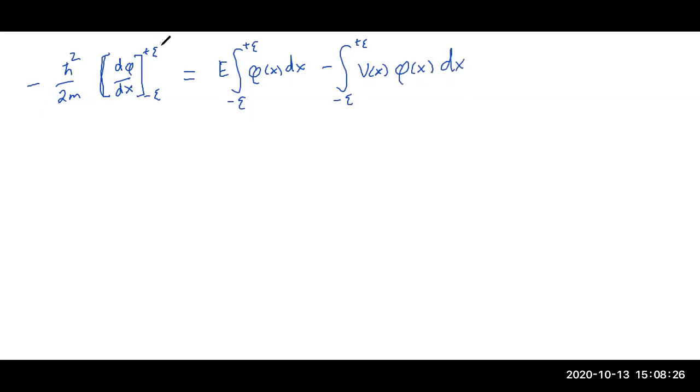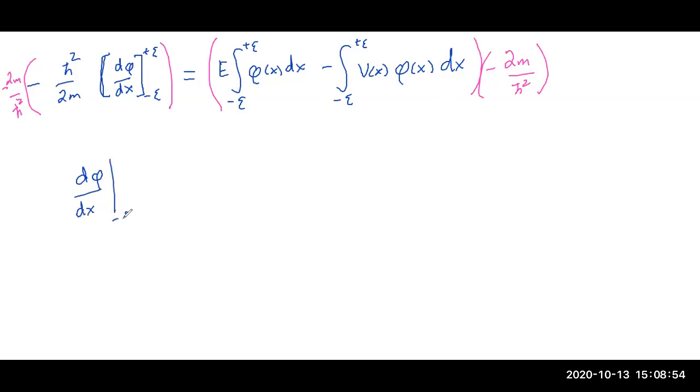So I am going to now multiply the whole thing by minus 2m over h bar squared. Okay, so looking at this, I am now just going to get the derivative of phi with respect to x, evaluated at minus epsilon and plus epsilon.